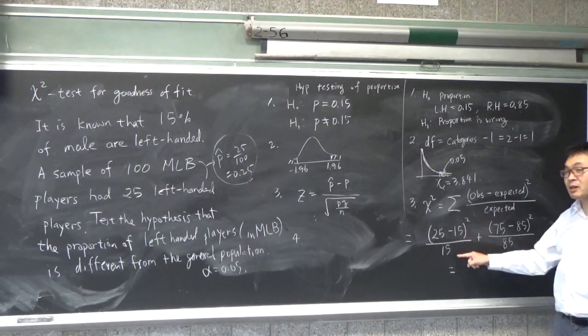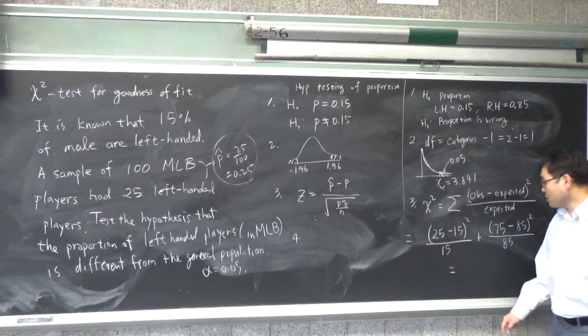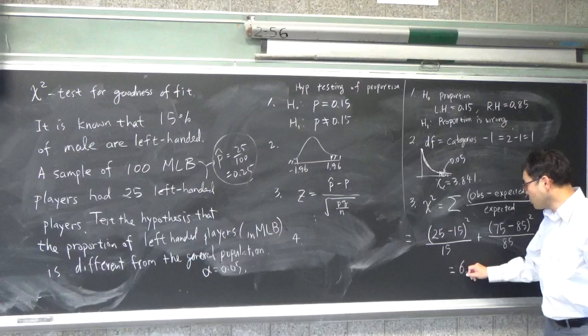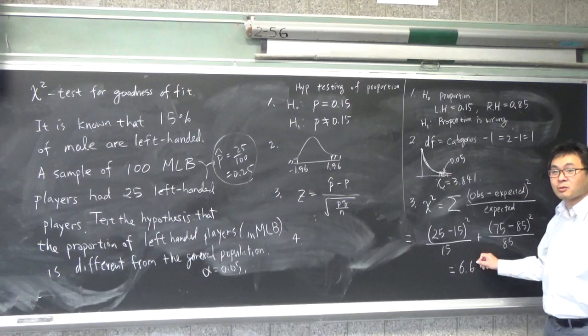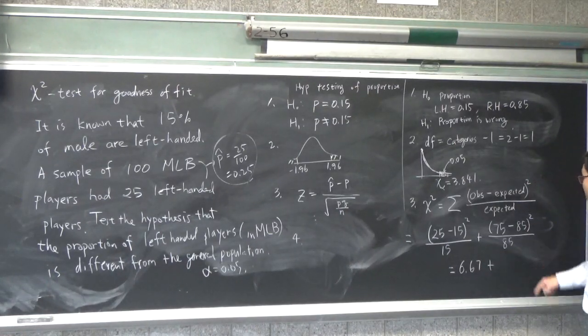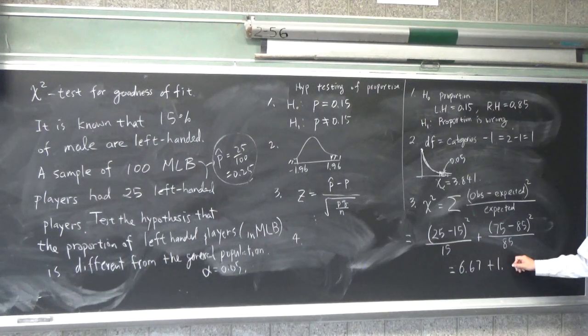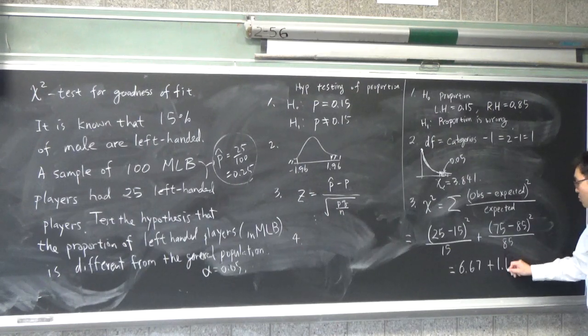Now tell me what you get here. That's 100 divided by 15, 20 divided by 3, so 6.67. Plus, this is 100 divided by 85. What do you get? 1.176.